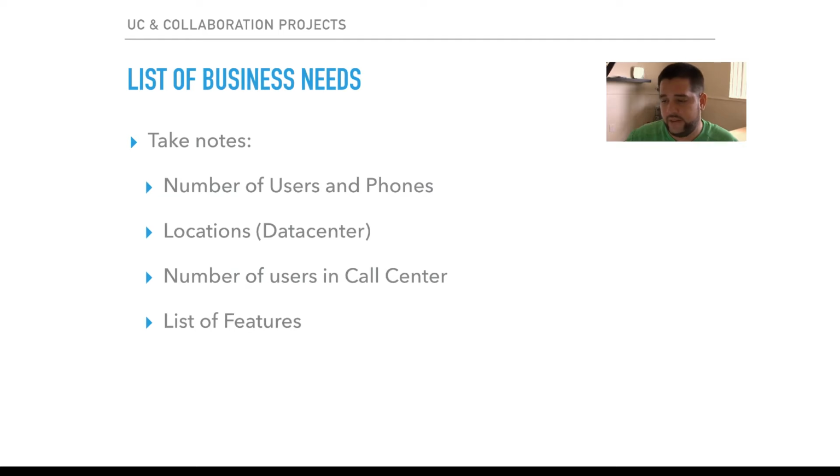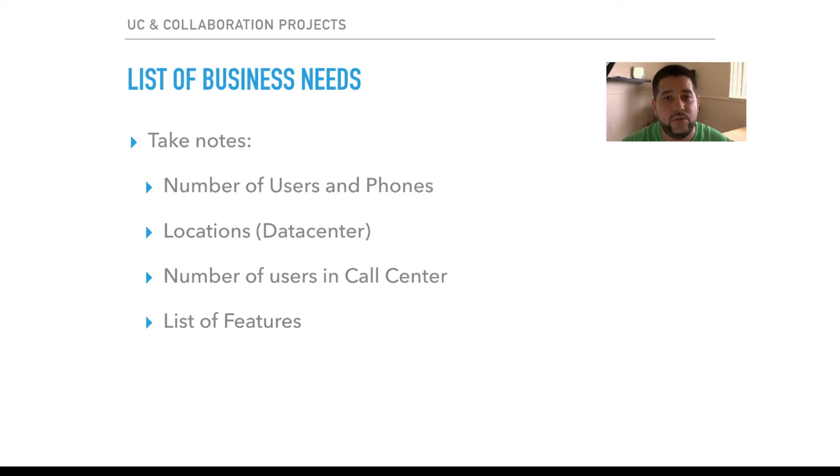The next thing is, you're going to take notes. You're always going to take notes in the meeting, and the idea is for you to capture information. You want to capture the number of users and number of phones. You want to capture their locations, whether they have a data center, a headquarters location, and two other branches across the US or across the world.